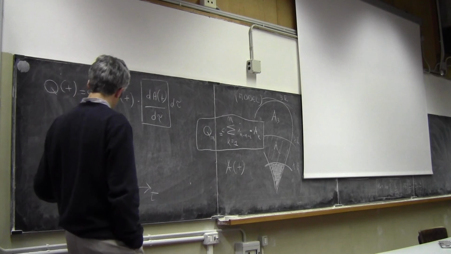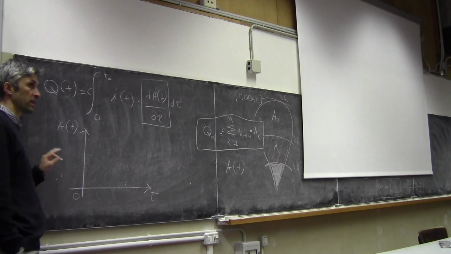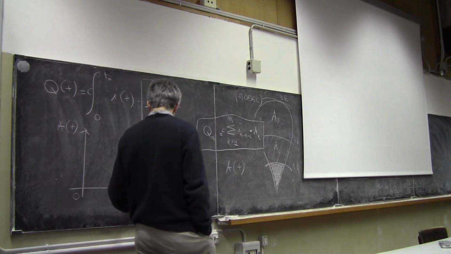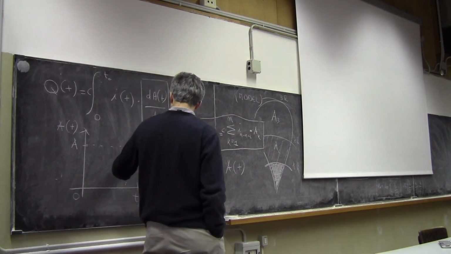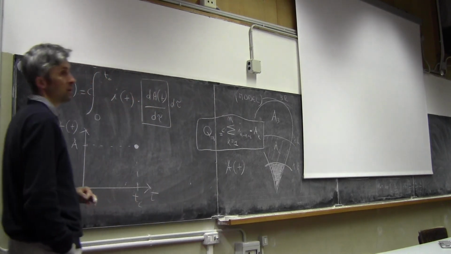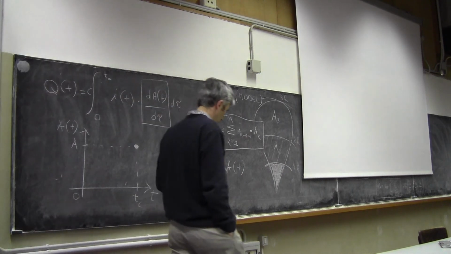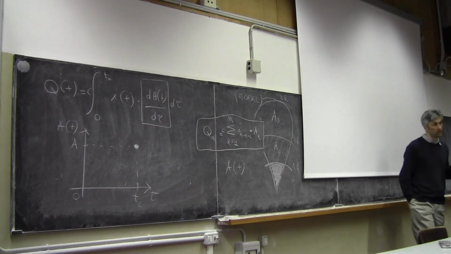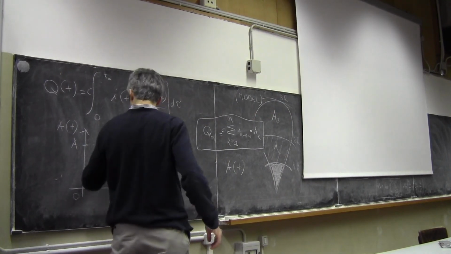And it starts from 0, 0, of course, because at time 0 you don't have any area contributing, and it gets to a point whose coordinates are TC and A. The shape is whatever, but it could be linear. Could be linear.